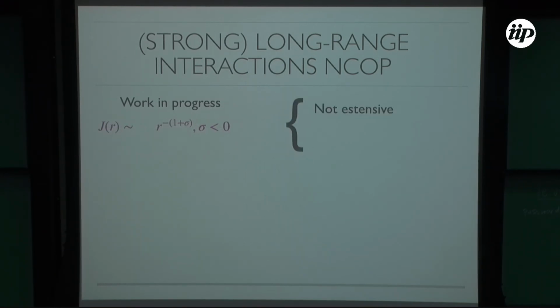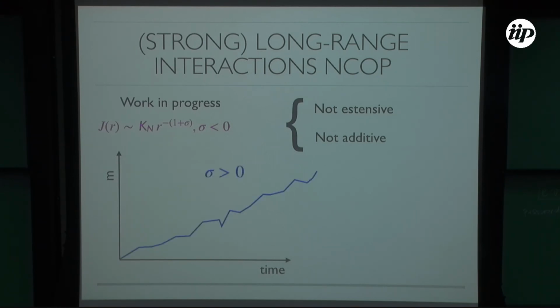In this case, of course, the system is not extensive, but this we can easily cure using the CATS procedure. But most importantly, it is non-additive. And the consequences of that are the following. Suppose you want to plot the magnetization against time in a system with nearest neighbor or with extended interaction, but with sigma larger than 0.